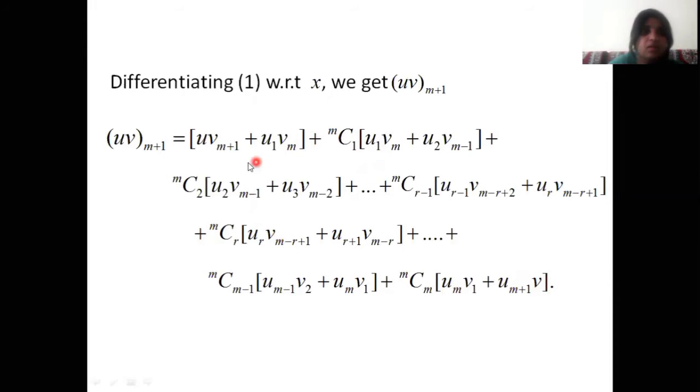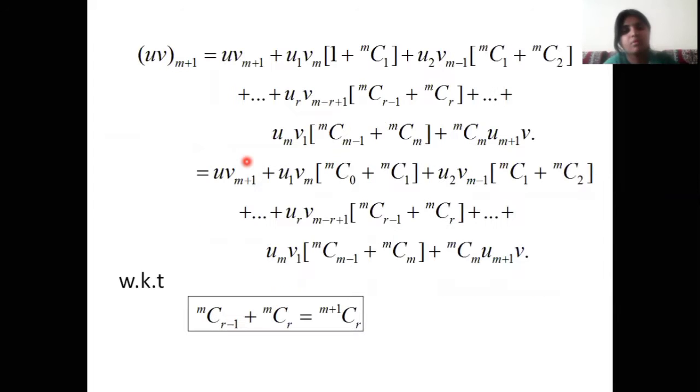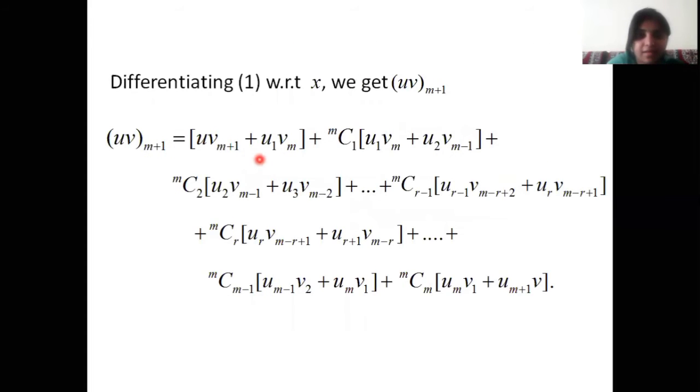Step 2, once again, we'll be getting u v^(m+1). Okay, let's move on to the next step. See here in this step, in this term and this term, what is common? u^1 v^m is common, so I have taken that outside.